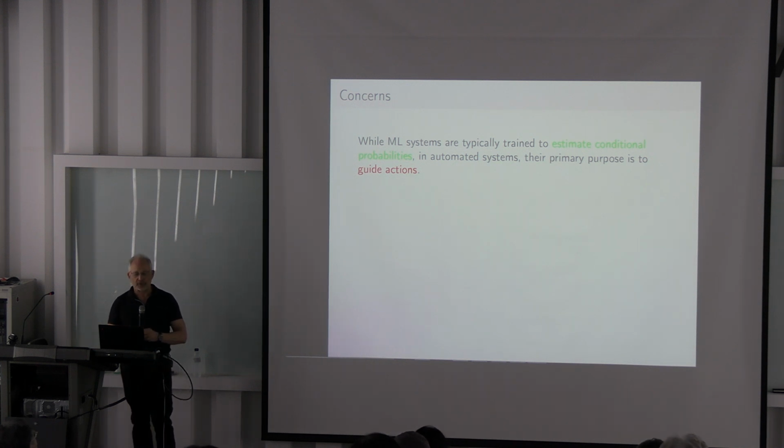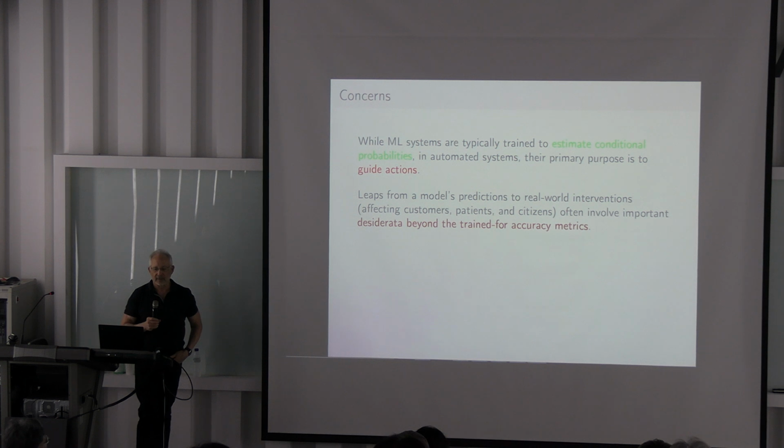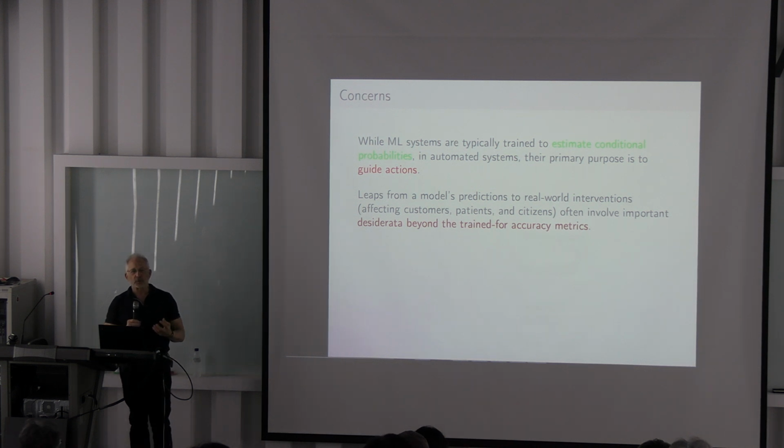We use them to guide actions. We use them to make decisions, which is different than predicting the label given an instance. So there is kind of a leap between what the model predicts and doing real-world applications.